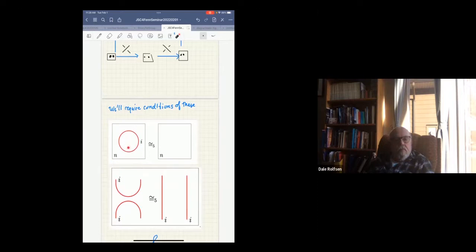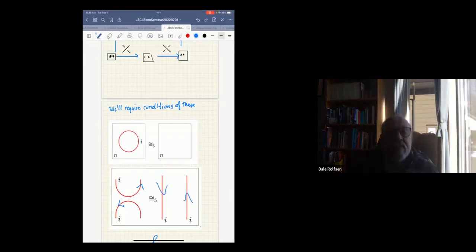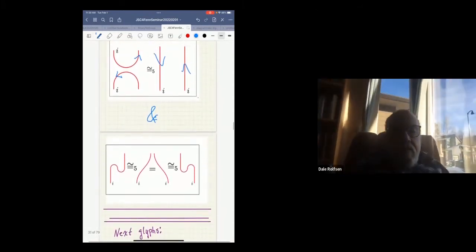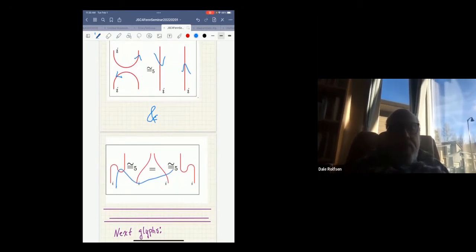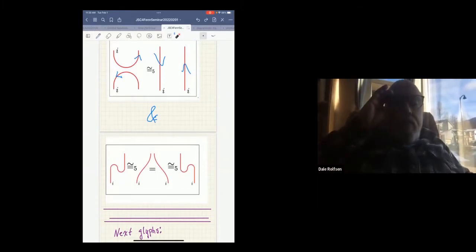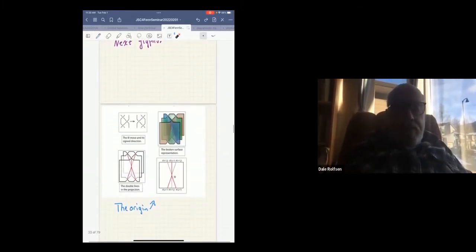These won't come in immediately, but we'll require that a circle can be annihilated, and then these can be saddled. And you do need an orientation convention on that. So, for example, this is one possible orientation for which that holds. Also we'll require zigzag identities for those glyphs.